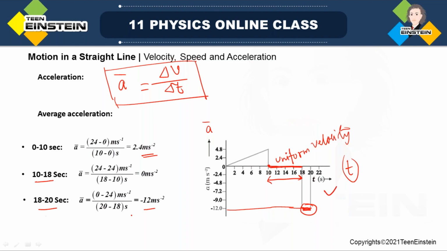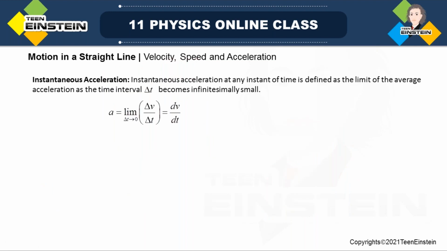This is the graphical representation of average acceleration on the velocity time curve, which we have already seen. Now we'll see instantaneous acceleration. It can be defined in a similar fashion: the instantaneous acceleration at any instant of time is defined as the limit of the average acceleration.